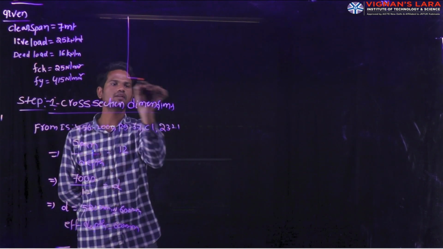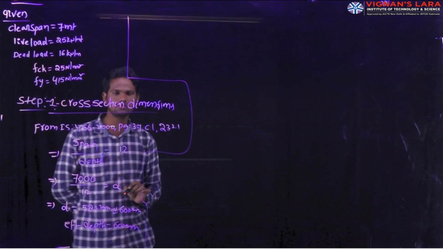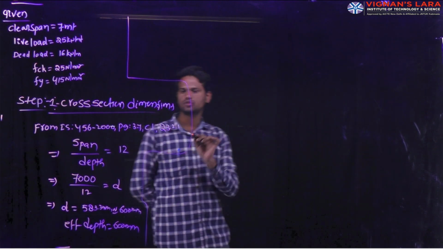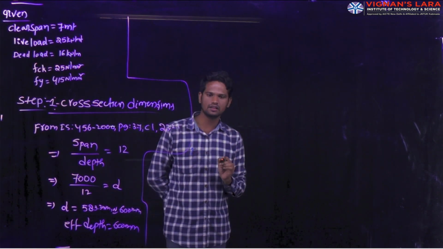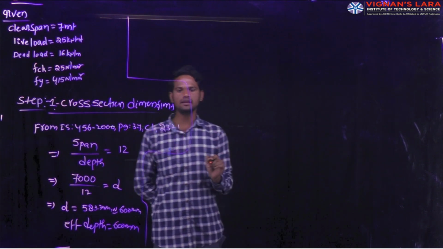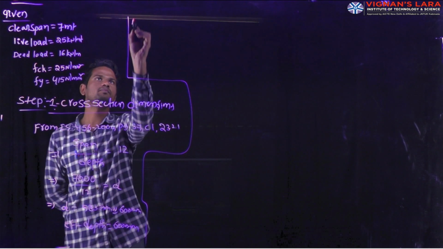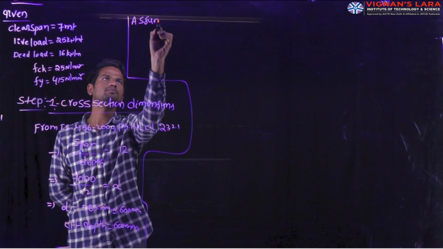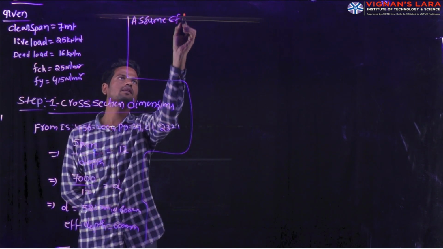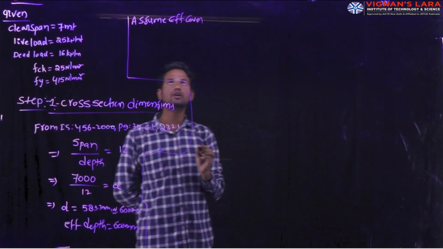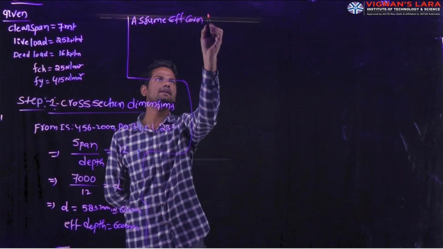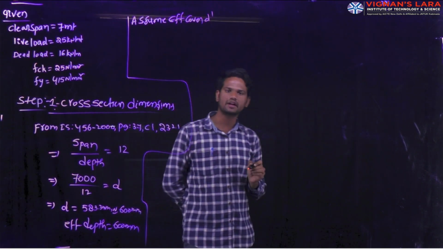This is the value we are taking from clause number 23.2.1. Now I am assuming the effective cover of the beam. We name that effective cover as D dash.